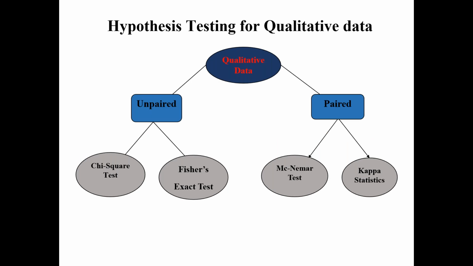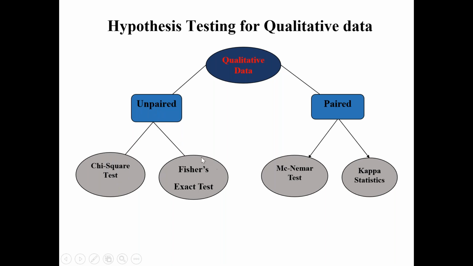Now coming to the next group of data, that is qualitative, the last one, and I'm only focusing on the chi-square test. Please remember that all this will be asked in your examination. If the qualitative data is unpaired, with two different groups, we use the chi-square test.